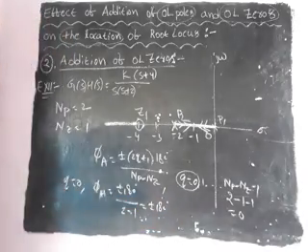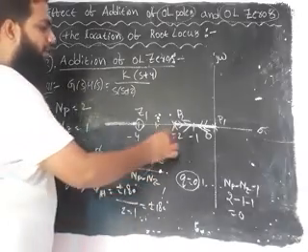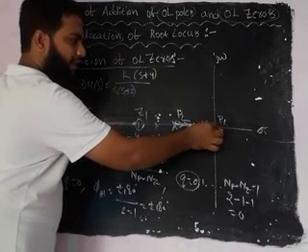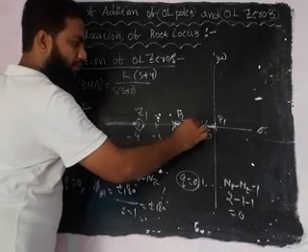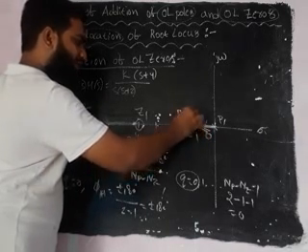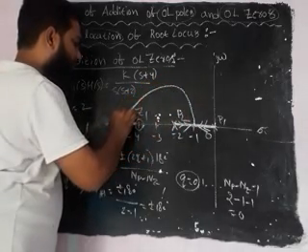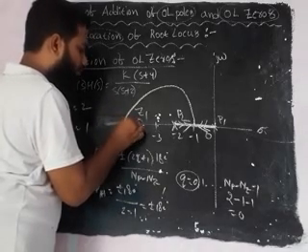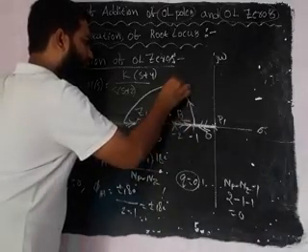That means here we select the breakaway point, which we may get from here. The root locus branch starts from pole P1, comes up to the breakaway point, and diverges like this, ending at the finite zero Z1. If you construct it properly, you may get the root locus like this.